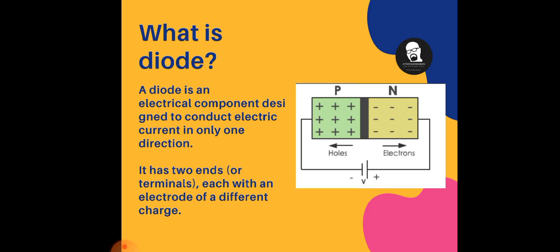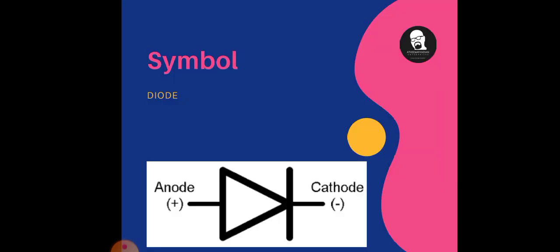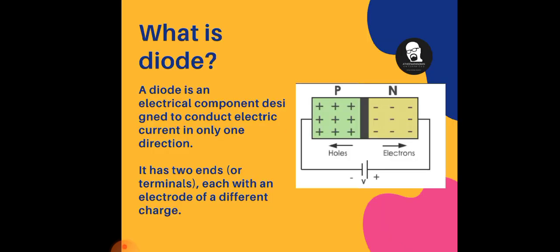So diode is having a semiconductor inside it. So this is the symbol of diode. Here you can see the internal diagram of diode, that is p type semiconductor and n type semiconductor.